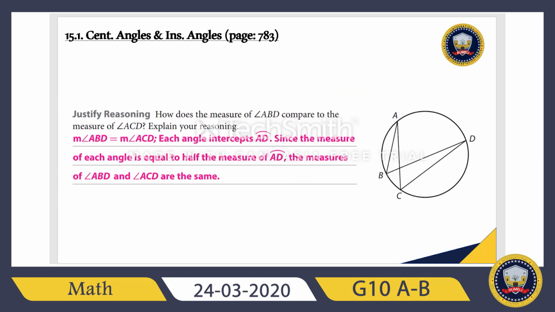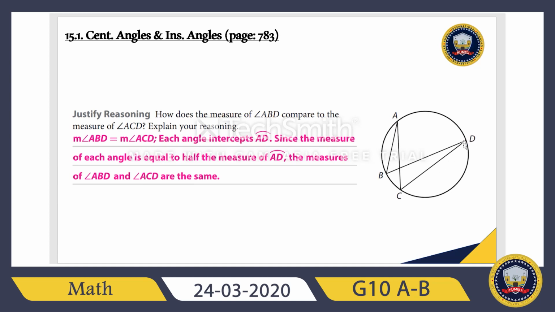Let's take another example. Now, how does the measure of the angle ABD compare to the angle ACD? Now, by looking at this shape, we see that these two angles have the same intercepted arc, that is AD. Since the measure of each angle will be half of the measure of this arc, ABD will be equal to the angle ACD.